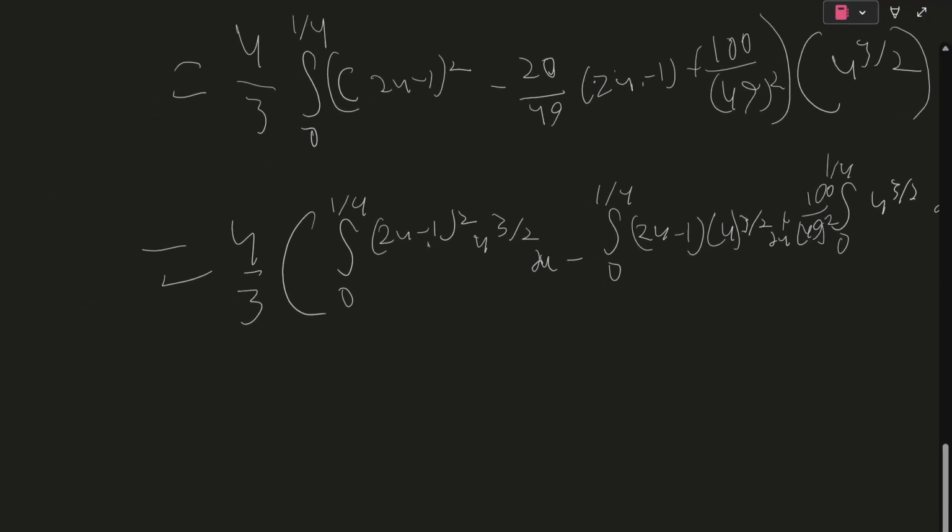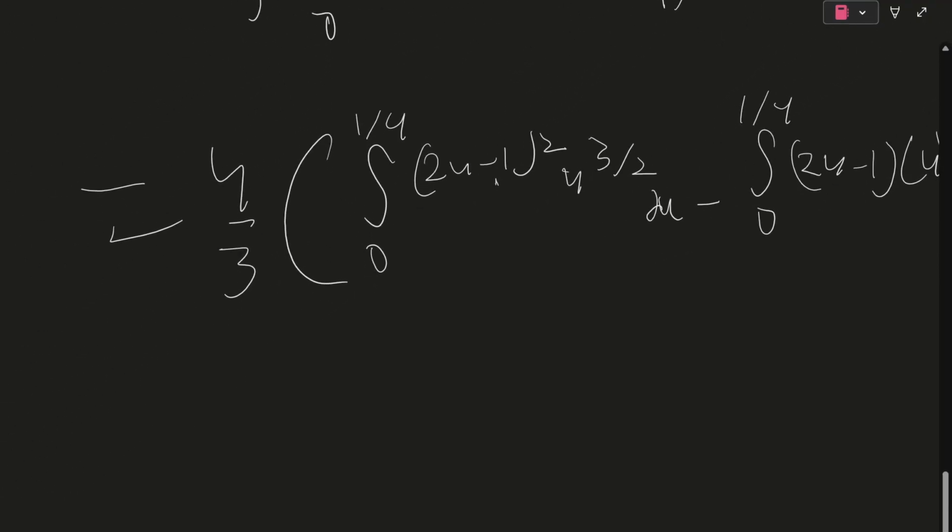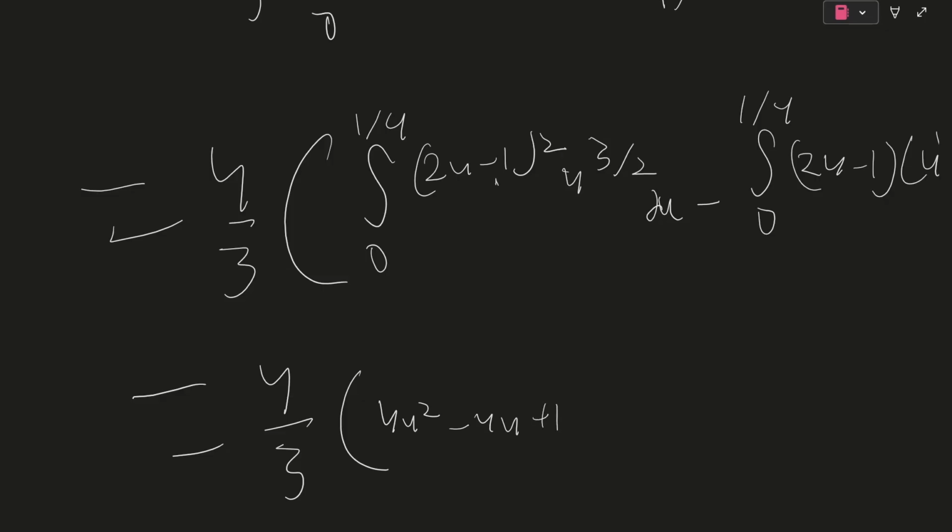Alrighty. And so this is equal to, we'll go ahead and multiply out our 2u minus 1 squared, so this becomes 4u squared minus 4u plus 1.